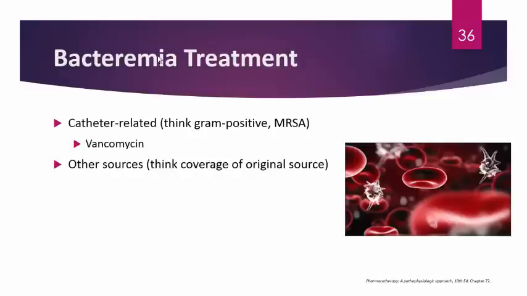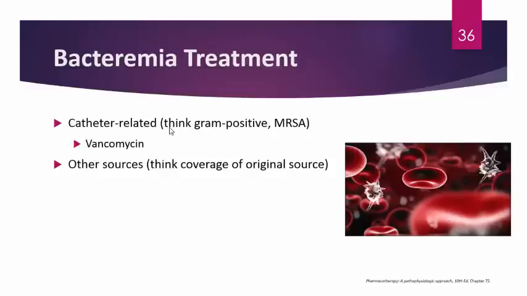In terms of bacteremia treatment, if the bacteremia is just a suspected catheter-related bacteremia, at that point you want to think gram-positive or MRSA, because whenever you shove a catheter up someone's skin into a vein, you're essentially shoving staph or strep potentially from the patient's skin into that vein.